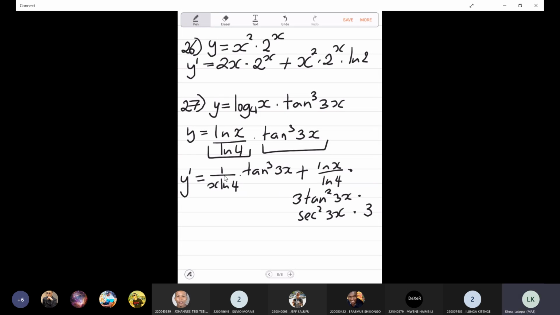Let's see. So our y prime, this is tan cubed of 3x over x ln of 4. That's for the first term. Write it as a single fraction. Then for this one, we have 3 times 3. That gives us 9. Tan and ln of x will be multiplying.